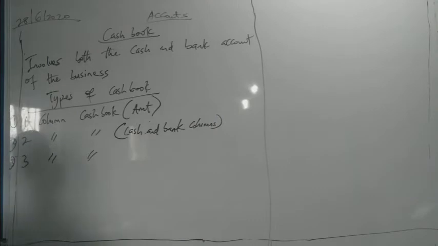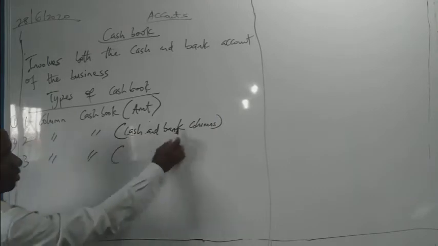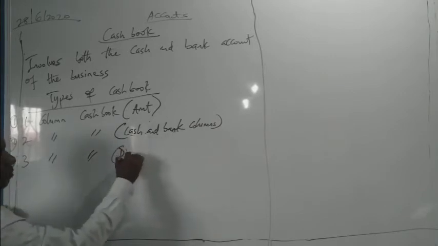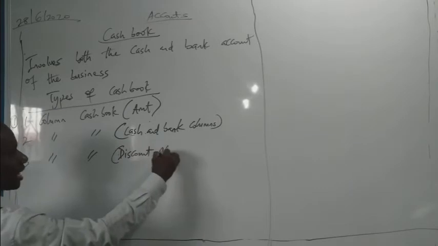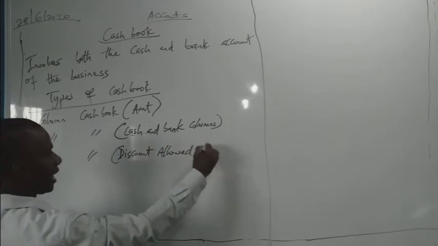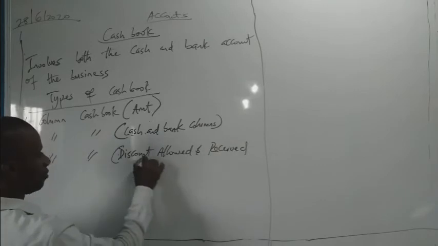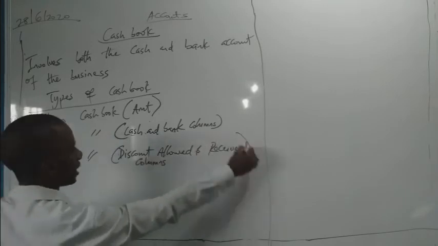That is the difference. Therefore, this one, apart from these two, will also have an additional column known as the discount allowed and discount received columns. So that is the difference.